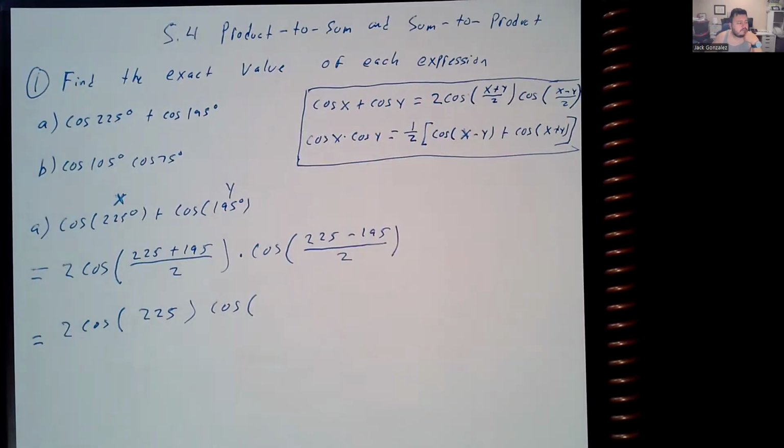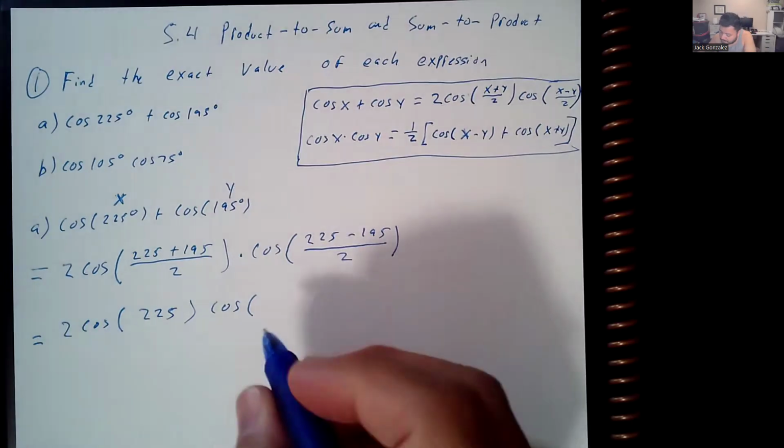So I'm looking at the solution and what they got doesn't make sense. 255 plus 195 divided by 2. That one makes sense. 255 minus 195. Ah, there we go.